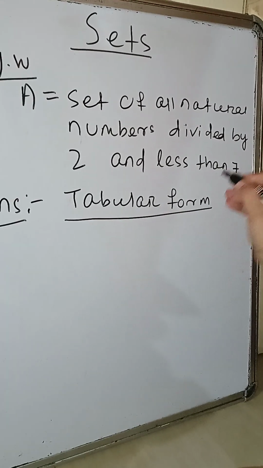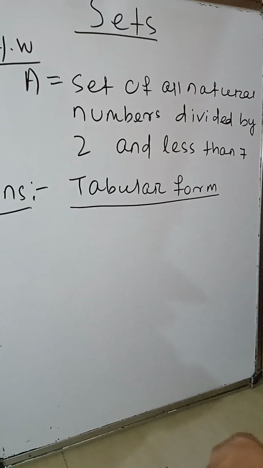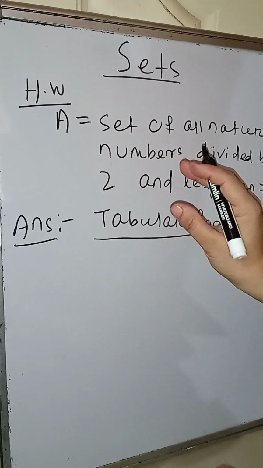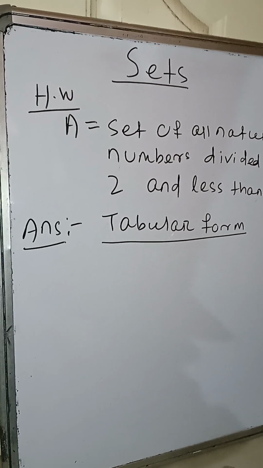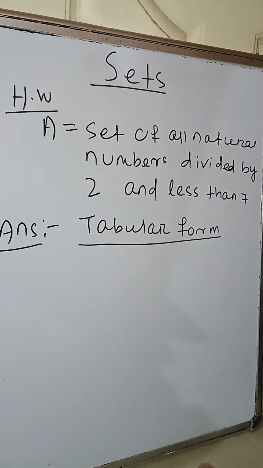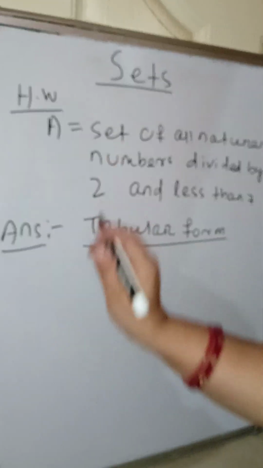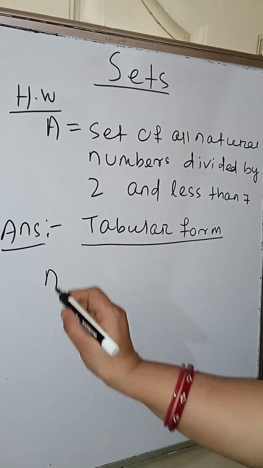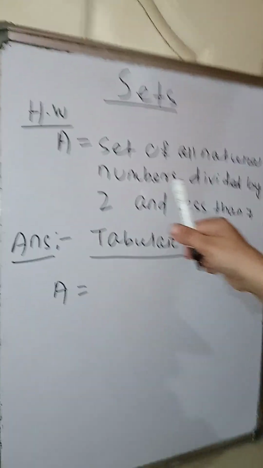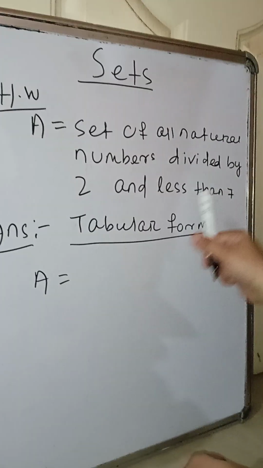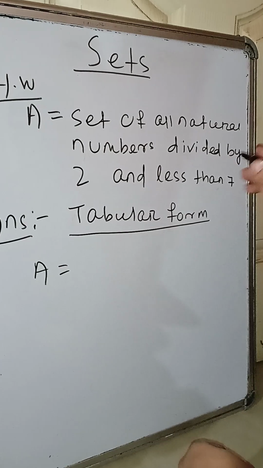What do you know about tabular form? In tabular form we have to list all the elements of the set by putting commas in between them, enclosed by two curly braces. Each element individually we have to write. So set A, what are the elements? The natural numbers which are divided by 2 and less than 7.